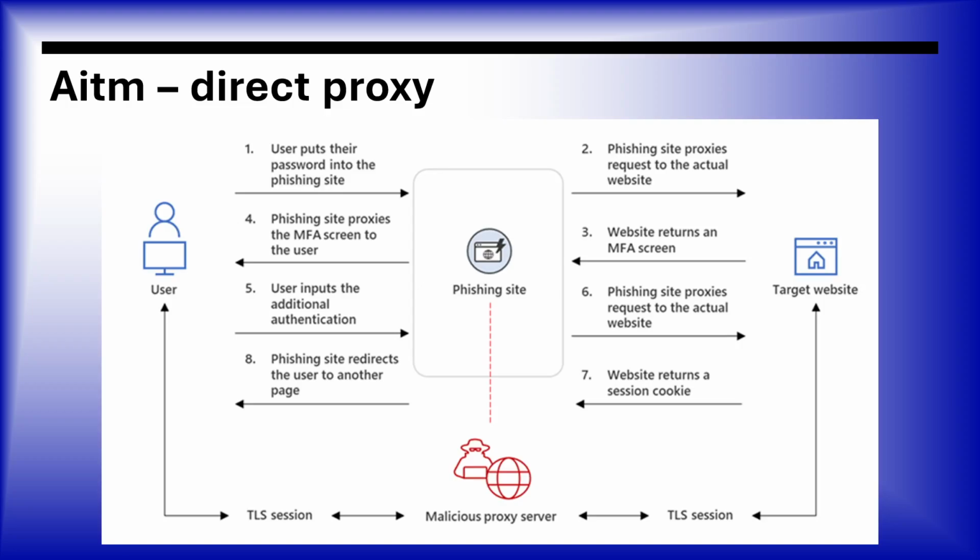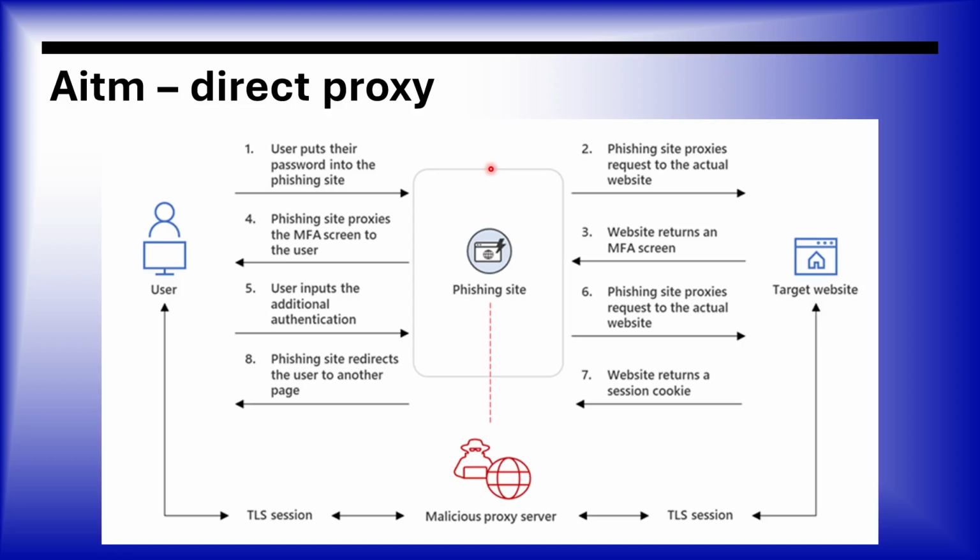In this case, this is where Adversary-in-the-Middle kicks in. Think about Adversary-in-the-Middle, where there's that person in the middle, literally, where an attacker sets up a server that is a phishing website, but itself doesn't really have any images. When you go to that site, it starts a real connection to the target website, let's say Microsoft 365, and whatever information the target website responds with in a normal login, it provides back to the user.